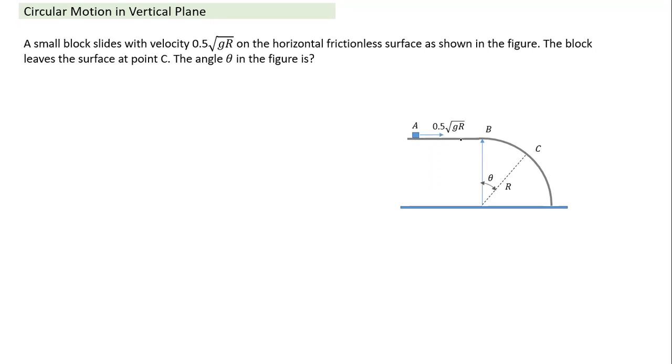So it is a smooth horizontal surface followed by a circular surface in a vertical plane. Radius is r. And this block is given a velocity, not root gr, but less than that, so it will not slide off right away. Had this velocity been equal to root gr, straight after reaching B, it would have slid off the surface. So in this case again, what we need to do here is, if this is the velocity here, it leaves the block in the question as given.